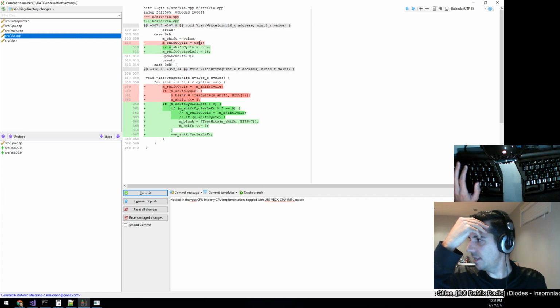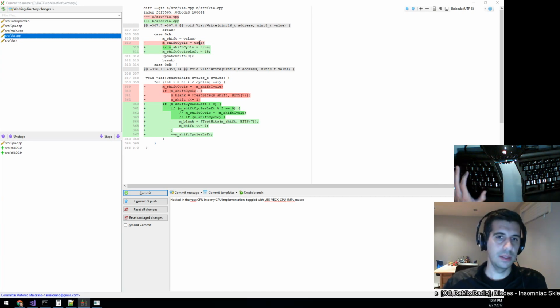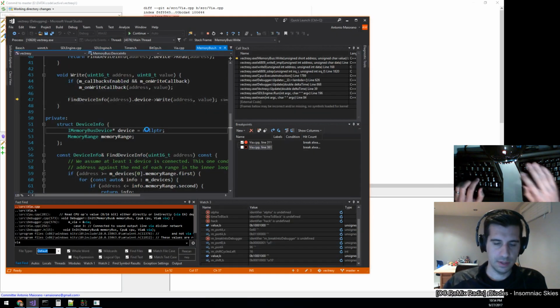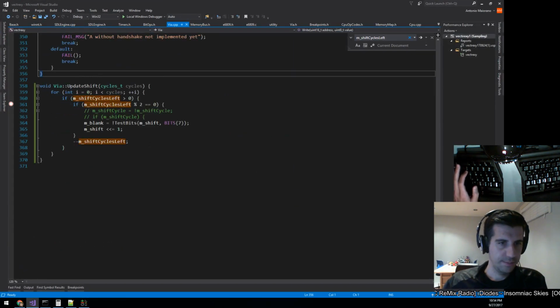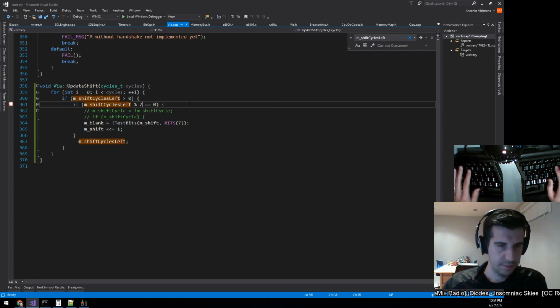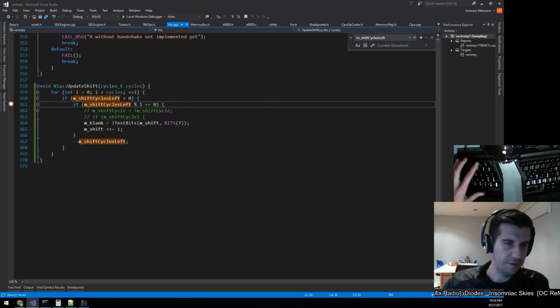So I'm setting 18, but I wanted to shift out on 17. So we do it on the odd value.